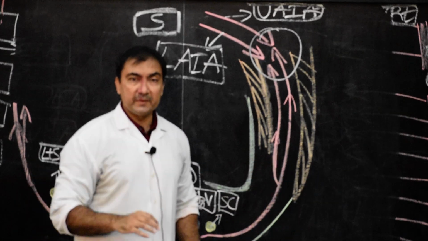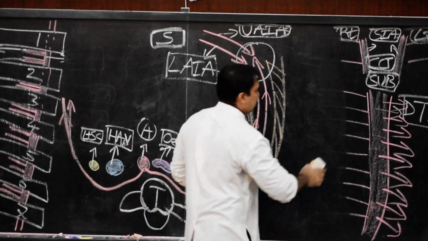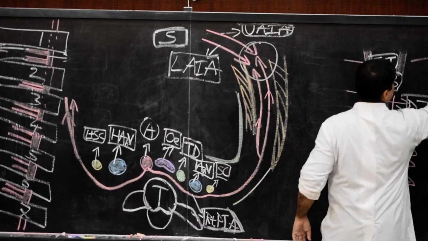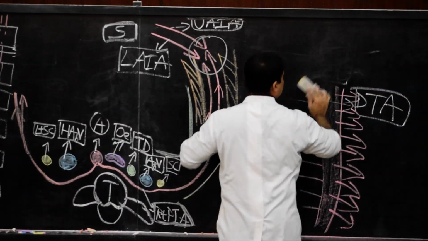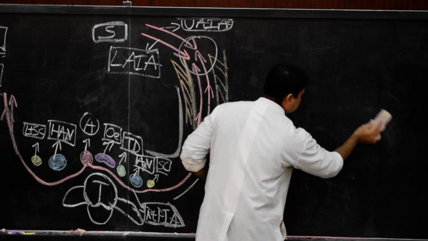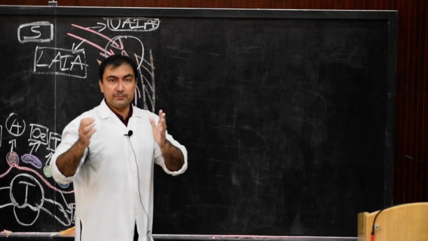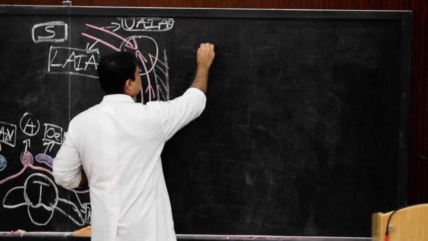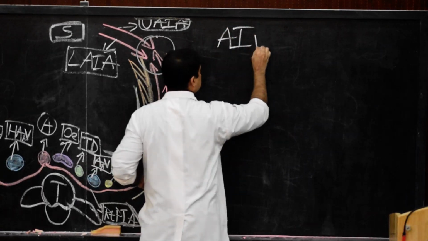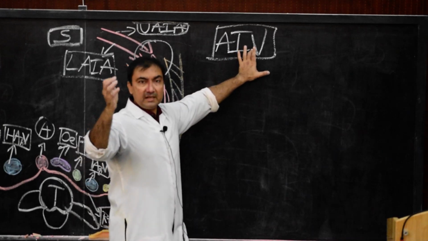Now we come to intercostal veins. There are two varieties of intercostal veins, anterior intercostal veins and posterior intercostal veins. Now remember one thing, anterior intercostal veins are the same as anterior intercostal arteries.